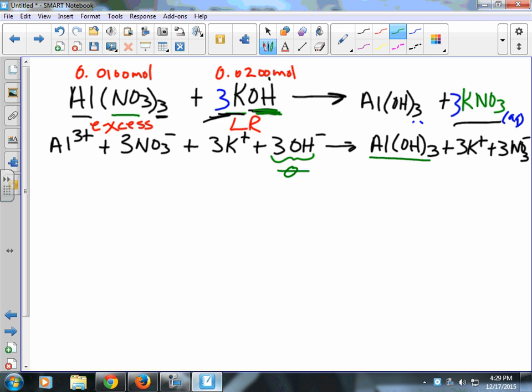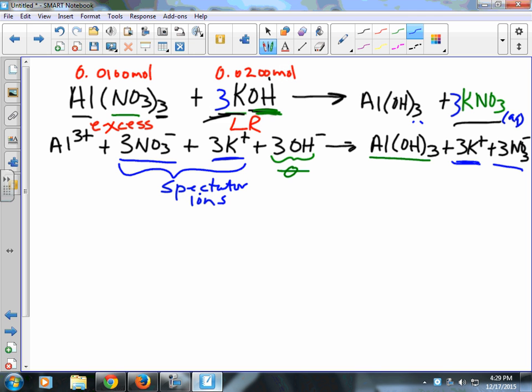Okay, so what about these other three ions? Well, notice potassium is the same before and after. It is spectator. Nitrate is the same before and after. It too, these are both spectator ions.